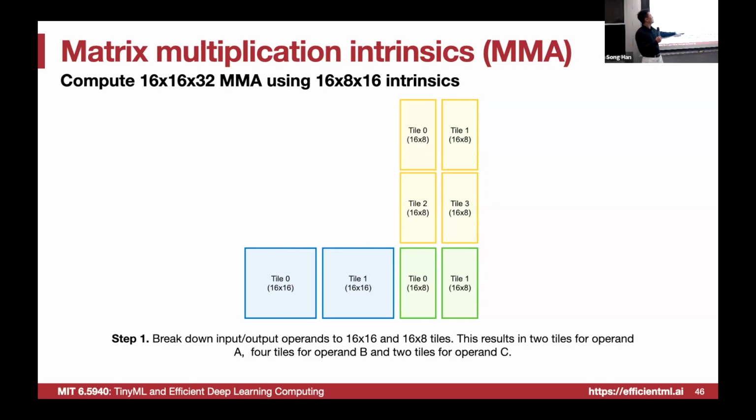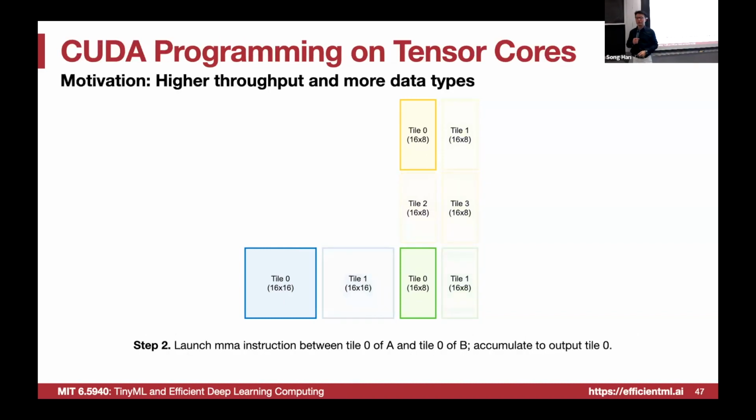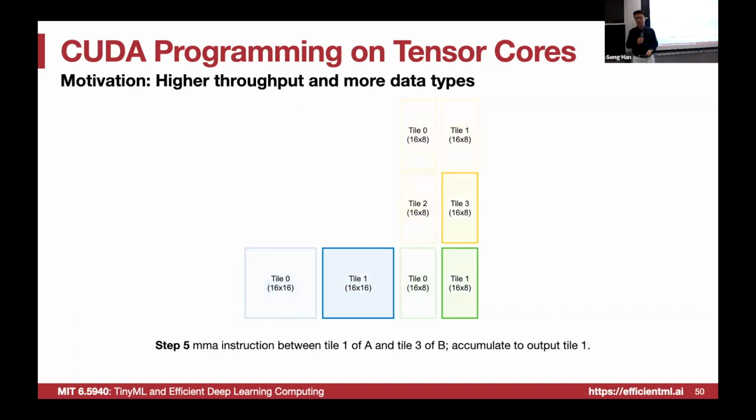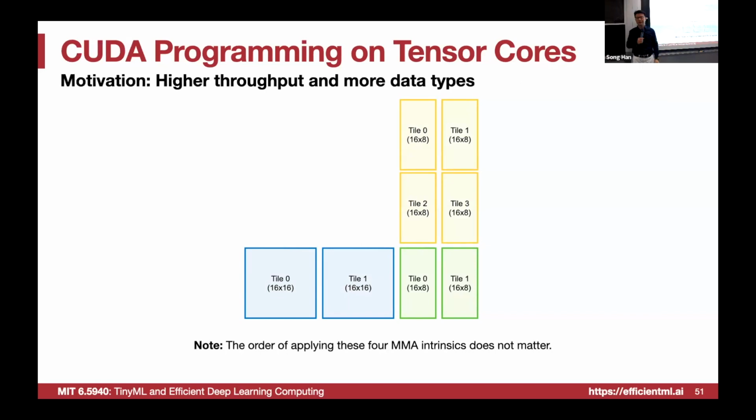We have a larger workload like a 16 by 32 matrix, followed by a 32 by 16 matrix. But using the intrinsic, which is 16 by 16 times 16 by 8, we can do tiling like we learned before. Calculate the first part and accumulate, then the second part and accumulate, and finally we compute a larger matrix using smaller matrix multiplication intrinsics.